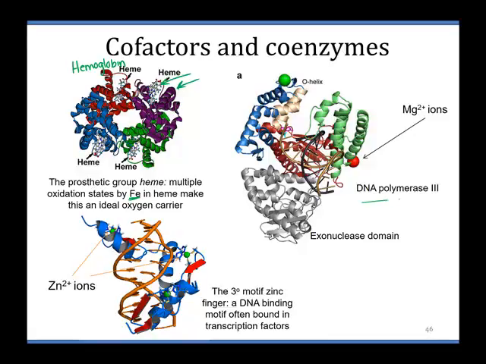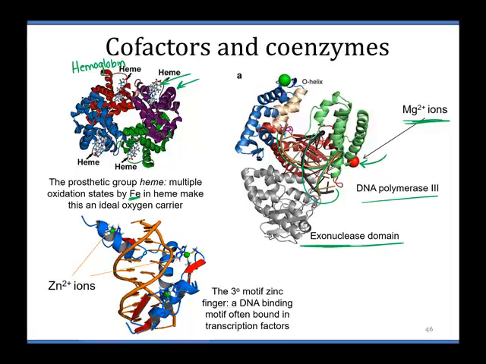Here's our good buddy, DNA polymerase III. Here's the DNA molecule that he's acting on right there. I'm highlighting him in green. And remember, there's the exonuclease domain. That's the one down here in gray. Remember, that's the one that does the proofreading. Well, DNA polymerase, in order to function properly, he needs magnesium ions. So that red ball right there is a magnesium ion.